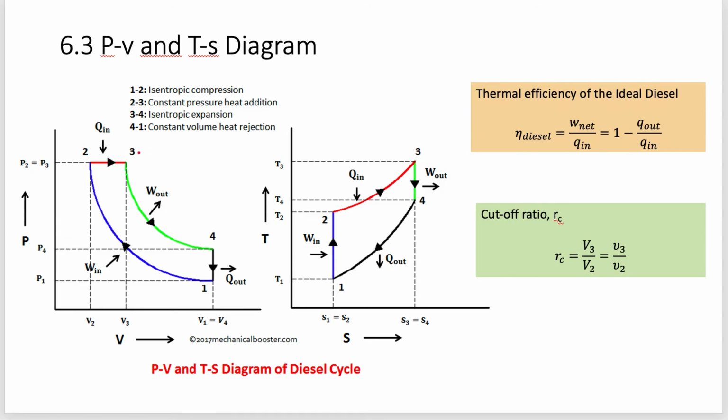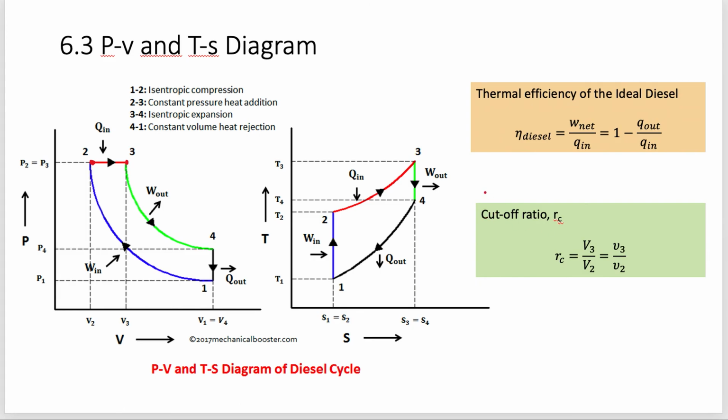Cut-off ratio is the ratio between state 3 and state 2. Okay, state 3 to state 2. In this formula, I write the ratio in two ways. One in capital letter, one in small letter, volume and specific volume.